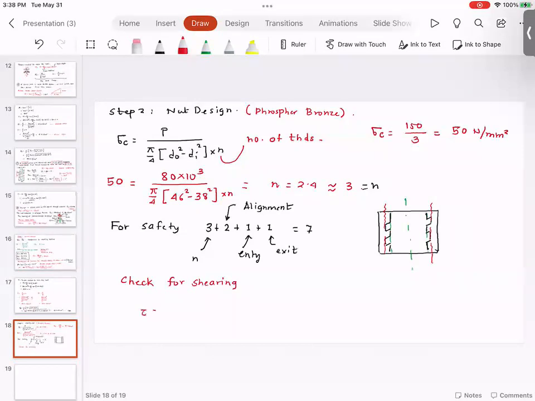So tau is equal to P over pi times D times T. This would be D outside. Now what is T? T is this total length. This T is going to be the number of threads multiplied by the pitch.